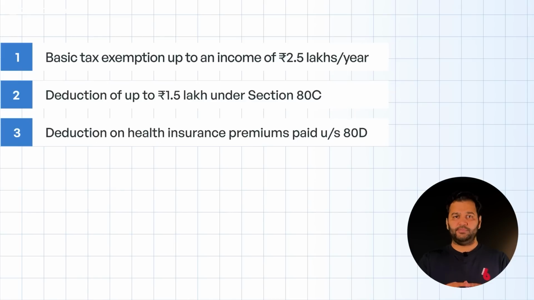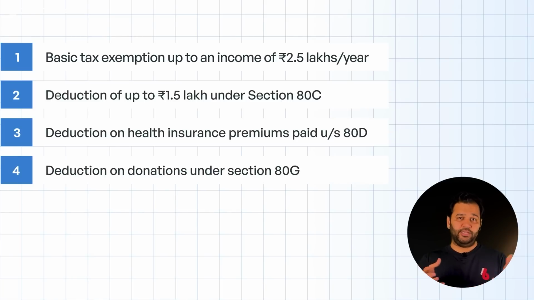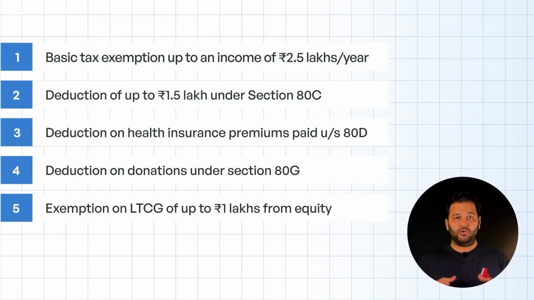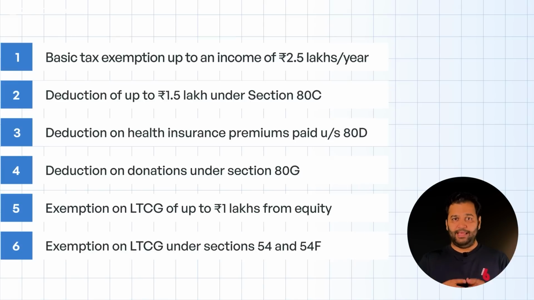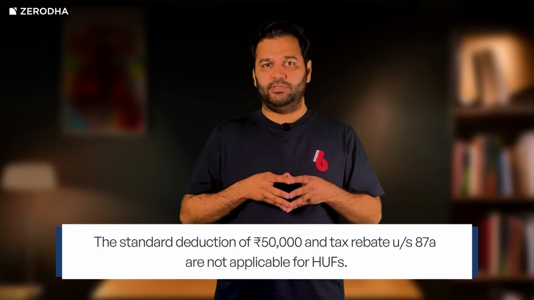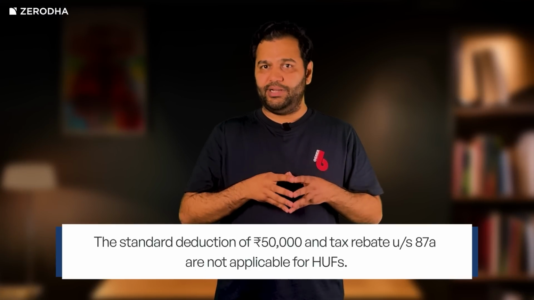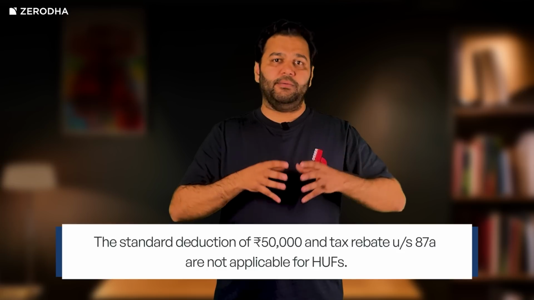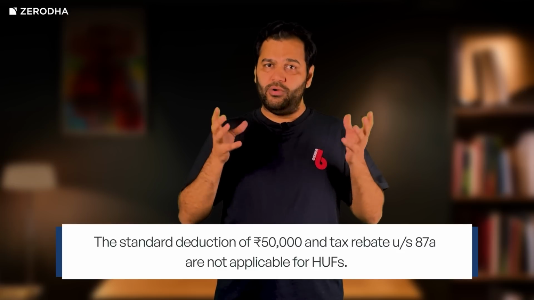Deduction on health insurance premiums paid under Section 80D, deductions on donations under Section 80G, exemptions on long-term capital gains of up to 1 lakh from equity investments, exemptions on long-term capital gains under Section 54 and 54F, and many more. Remember that the standard deduction of 50,000 and tax rebate under Section 87A are not applicable for HUFs, since these are only applicable for salaried individuals.